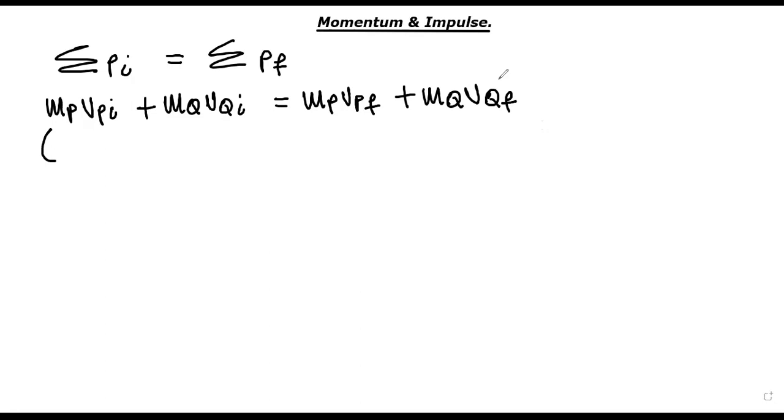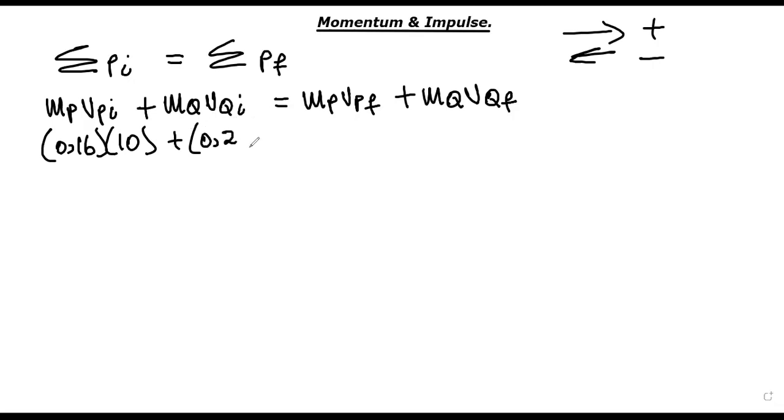Now, let's decide on direction. We choose to say anything that goes to the east is positive, meaning west is negative as a result. Fine. The mass of ball P is 0.16 kg. The velocity is 10 meters per second. The mass of ball Q is 0.2 kg.